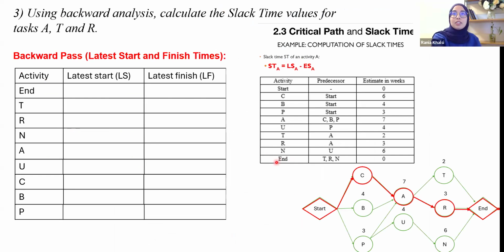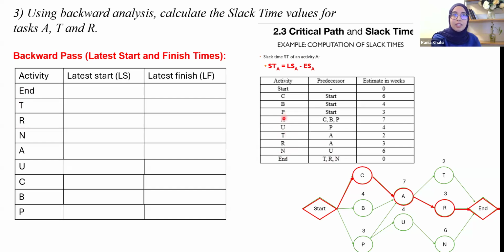Now, from the end, what do we have connected to the end? Activities T, R, and N. This is why here you will find me putting T, R, and N after the end. Next, what do we have after T, R, and N?